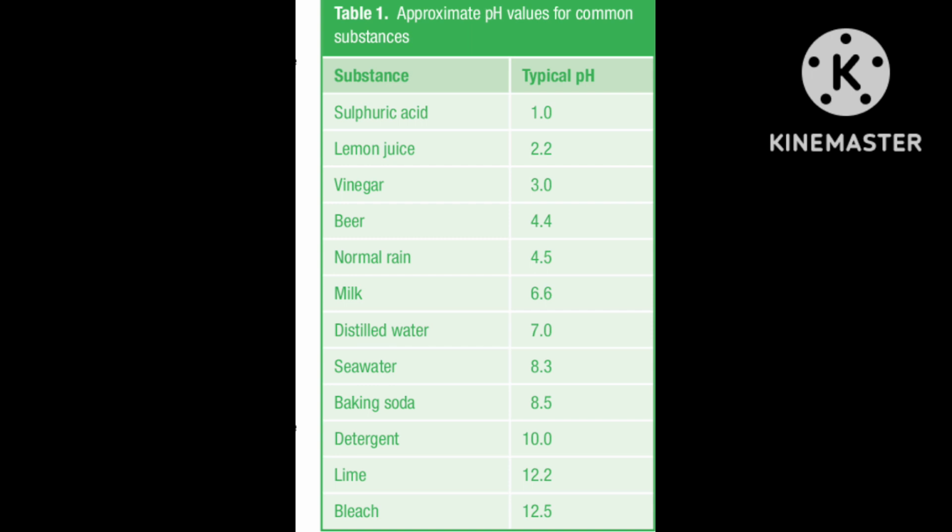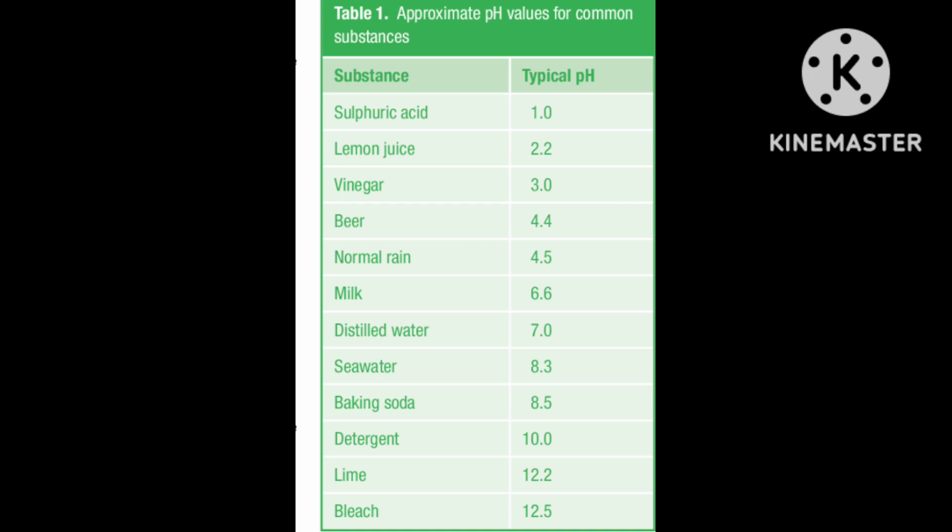Then for this, Kb is equal to what? Products divided by reactants, molar concentration of products divided by reactant: molar concentration of BH plus into molar concentration of OH minus divided by B. I told you, in a general way it is written like that.